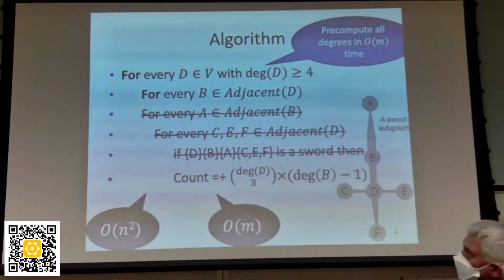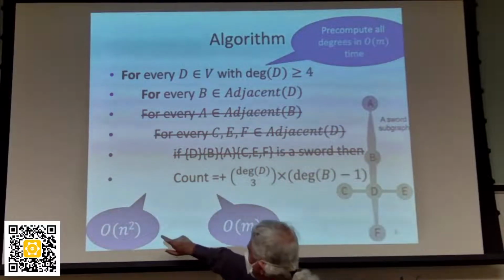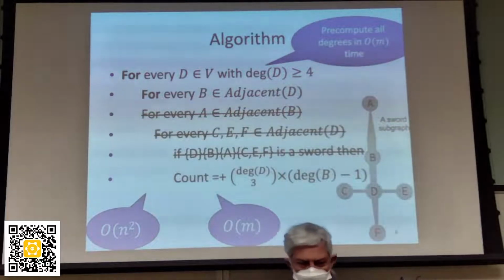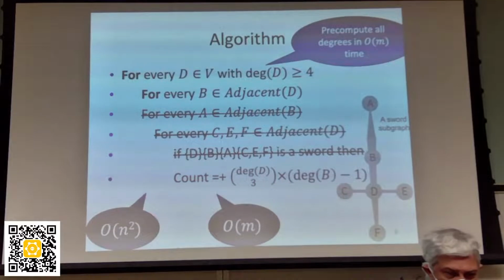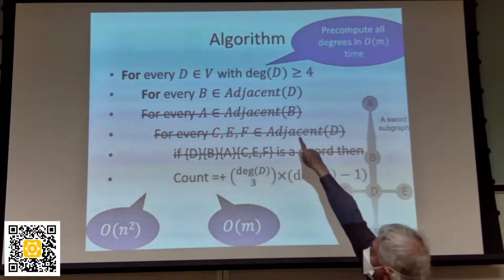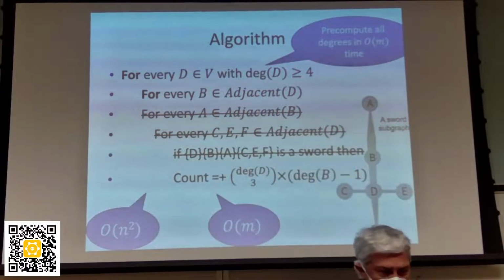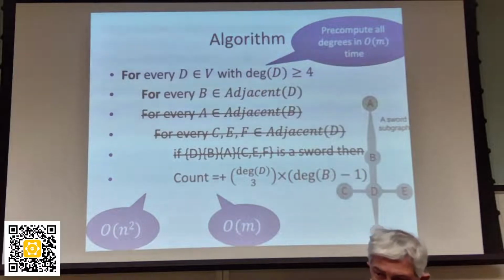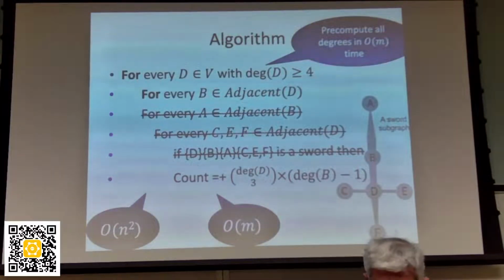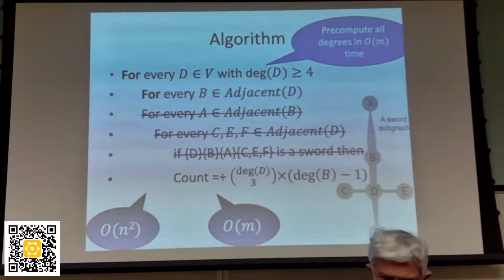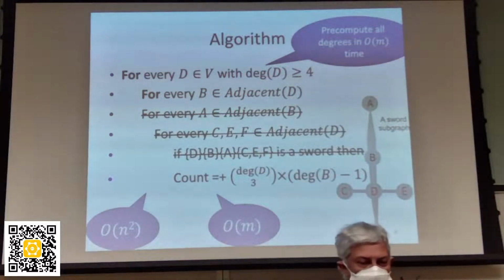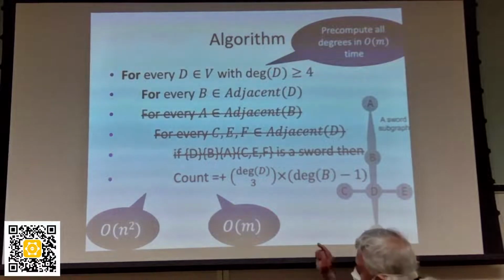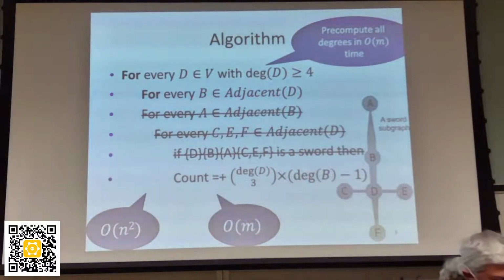What is important to note here is that you're now going from n squared to something like order of m, which is extremely important because you're starting with every vertex. It's true that you're trying every vertex, but then you're looking at every neighbor of the first vertex, and so you're essentially looking at every edge, and that's what your time complexity is going to be.